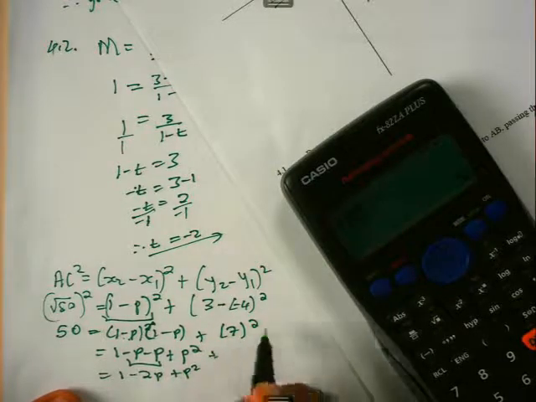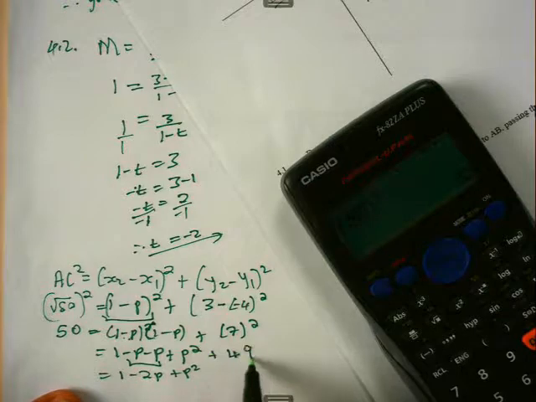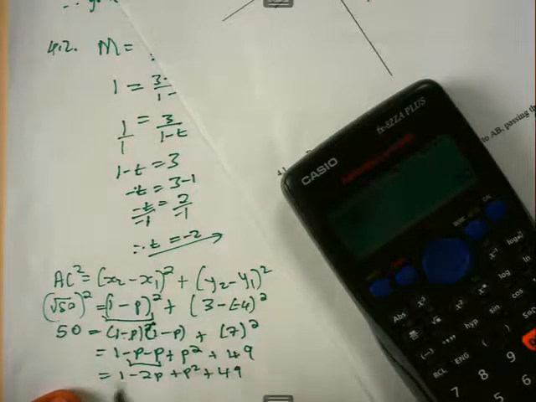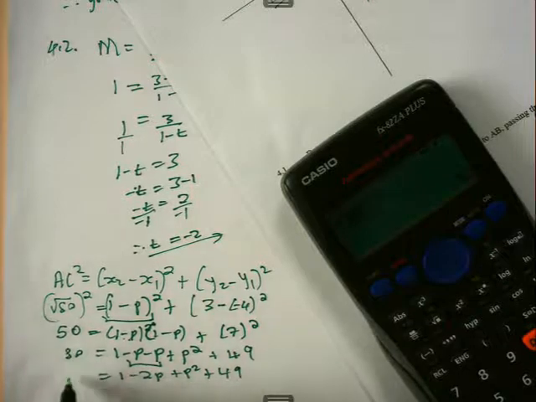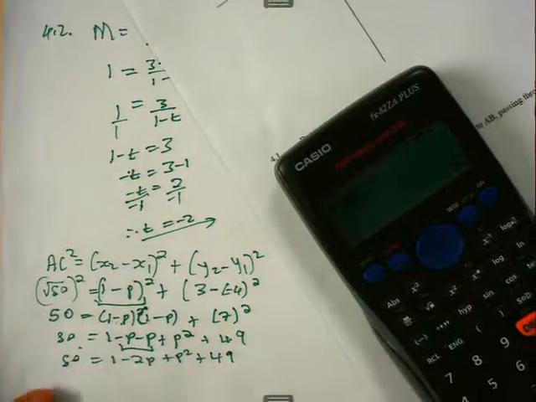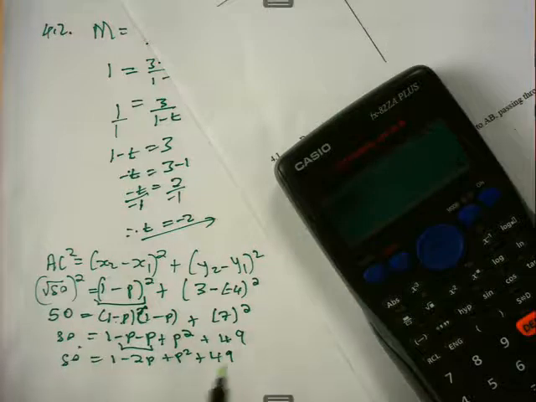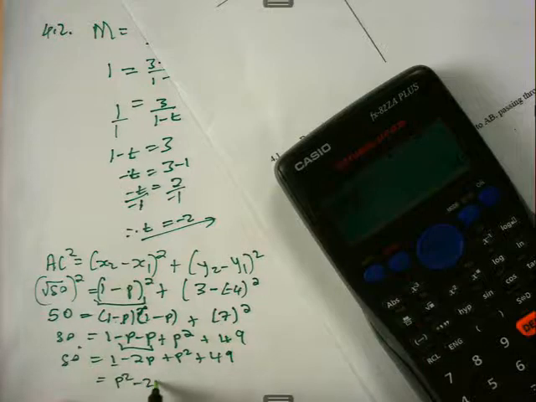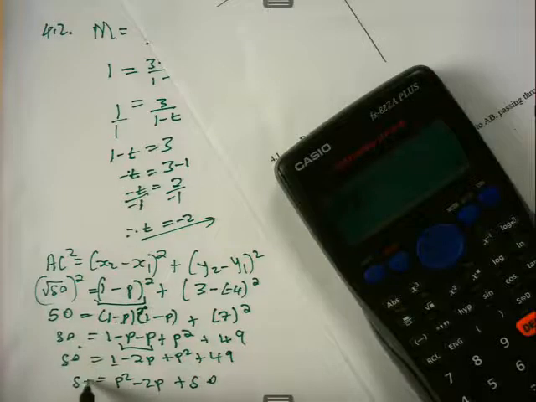What about this one here? 7 squared is 49, and now plus 49. We still have 50 on this side. Now we look for the like terms. 1 plus 49 is 50. Then we have p squared, minus 2p, plus 50 is equal to 50 on this side.